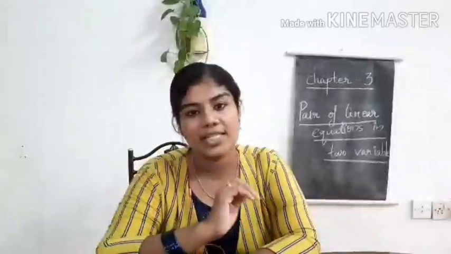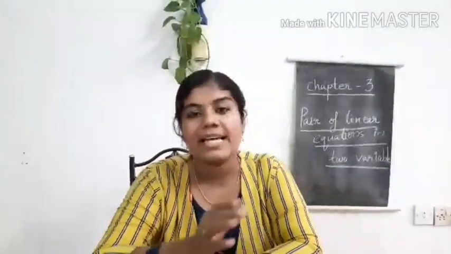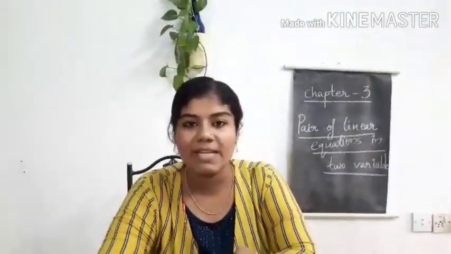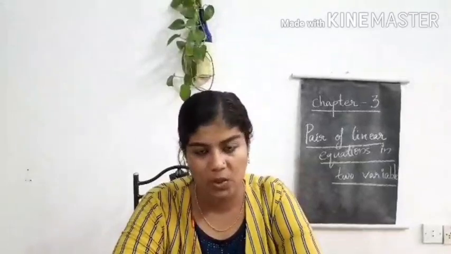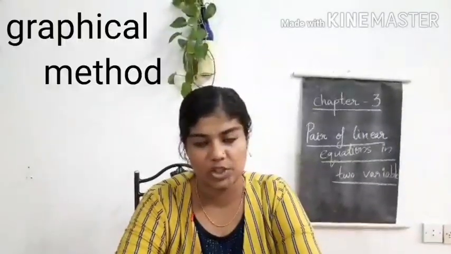What is the graphical method? As I said before, a1x + b1y + c1 = 0 and a2x + b2y + c2 = 0.